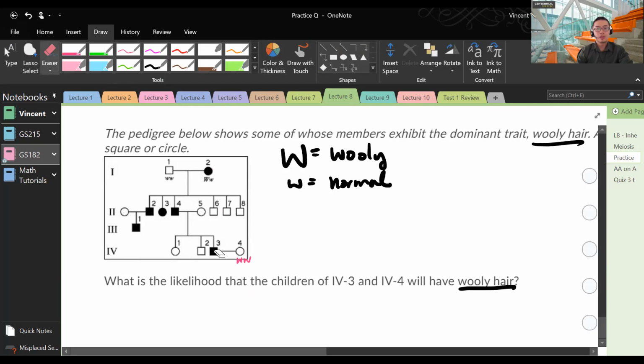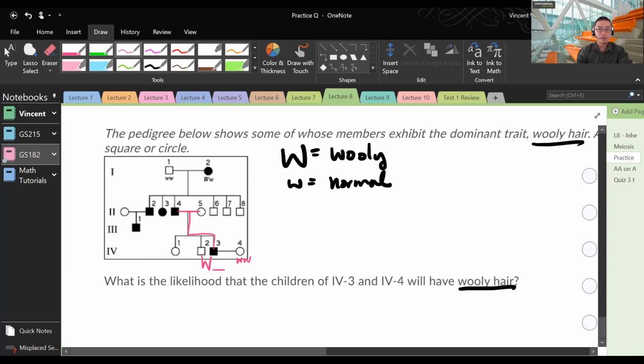The husband, who is shaded in, is going to have woolly hair. But the question is, is he homozygous, as in big W, or is he heterozygous? He might be big W, small w. How do we know? Well, we're going to find out from his parents.